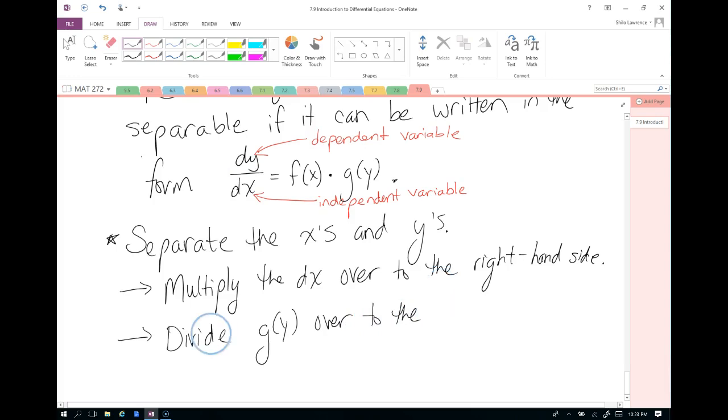Now I'm saying divide because right now I have it written as a product. It's possible that this is going to be written a little bit differently, and in order to separate them I might have to do some different operations. It will always be either multiplication or division though.